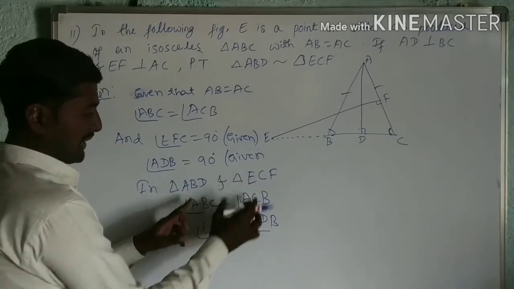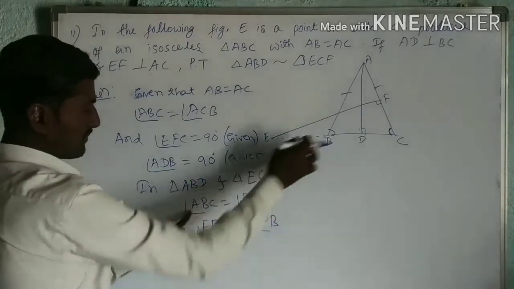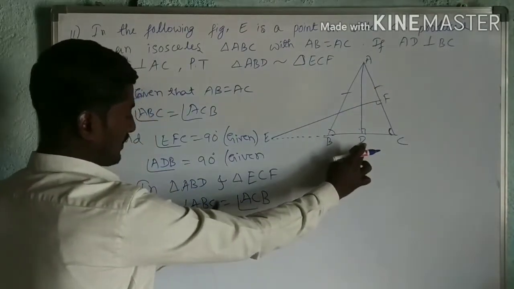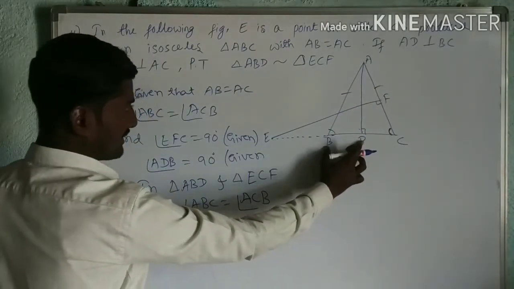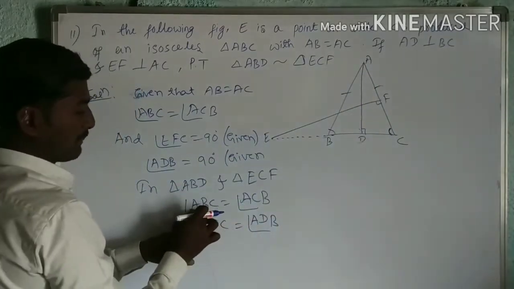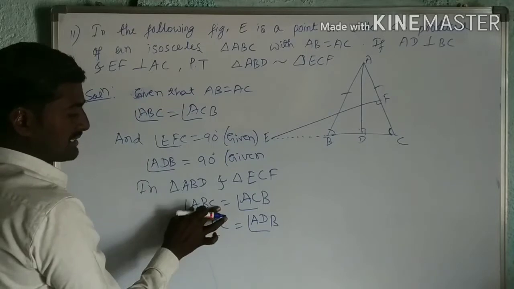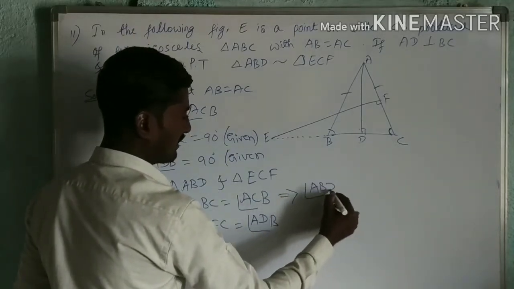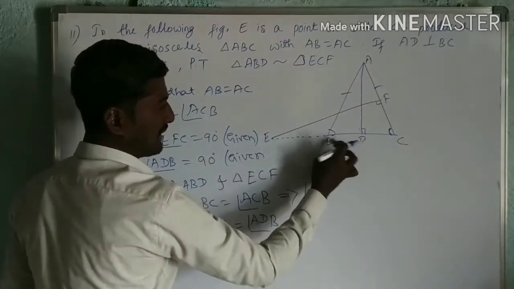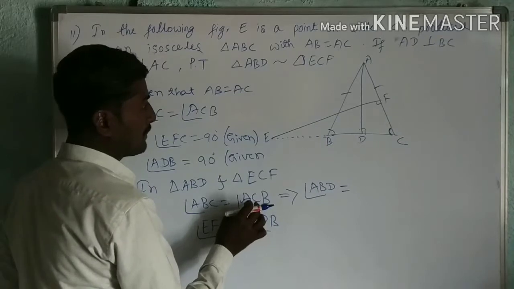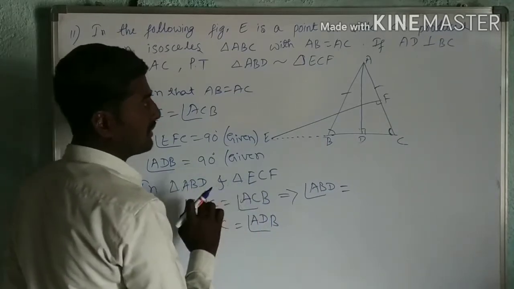In triangle ABD, angle ABC is nothing but angle ABD, so I can write angle ABD is equal to angle ACB.